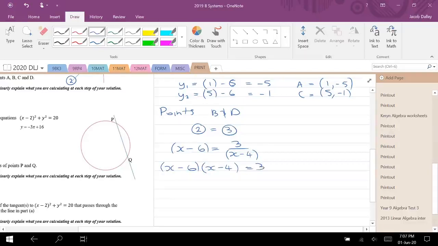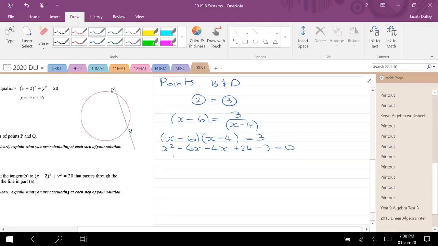Alright, so what we have here, we actually need to re-multiply it out and collect all our terms plus that 3 on one side. So if we expand out this quadratic, we're going to get x squared minus 6x minus 4x plus 24, and then because we're bringing this 3 to the other side, we're going to get a minus 3 on the other side, so that all equals 0.